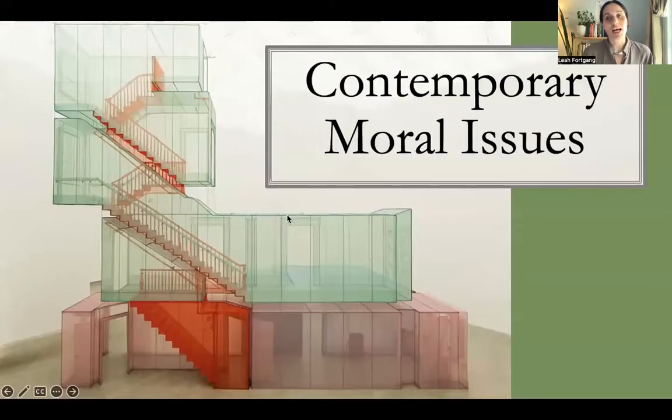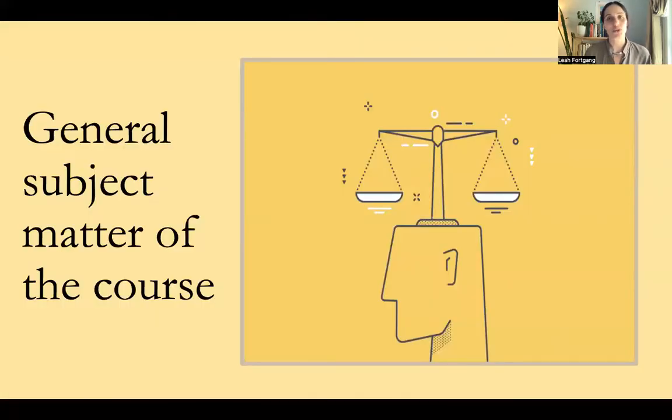We are going to be talking about contemporary moral issues in this class. Lots of ethical dilemmas and learning how to take what we might call a sort of philosophical approach in figuring out how these dilemmas ought to be resolved.